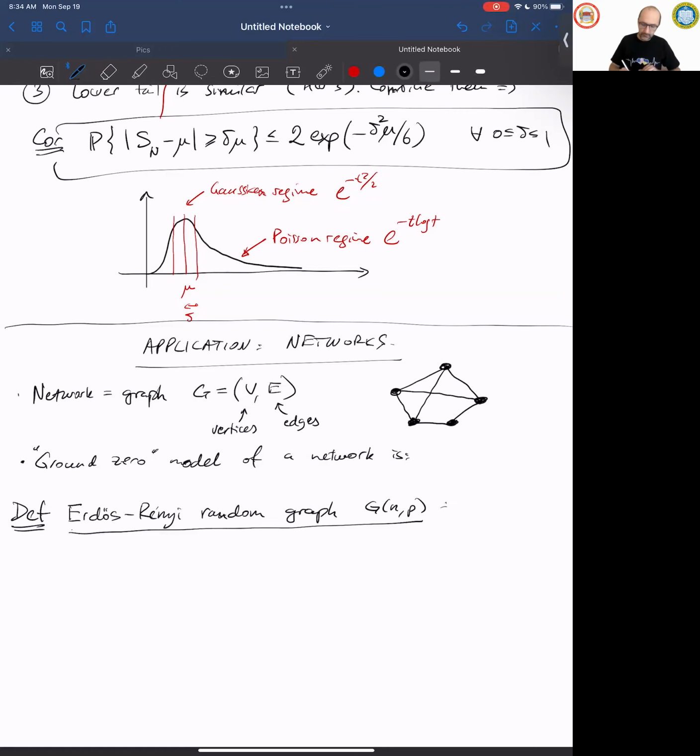Okay, here is how it works. We fix a set of N, let's say capital N, vertices.